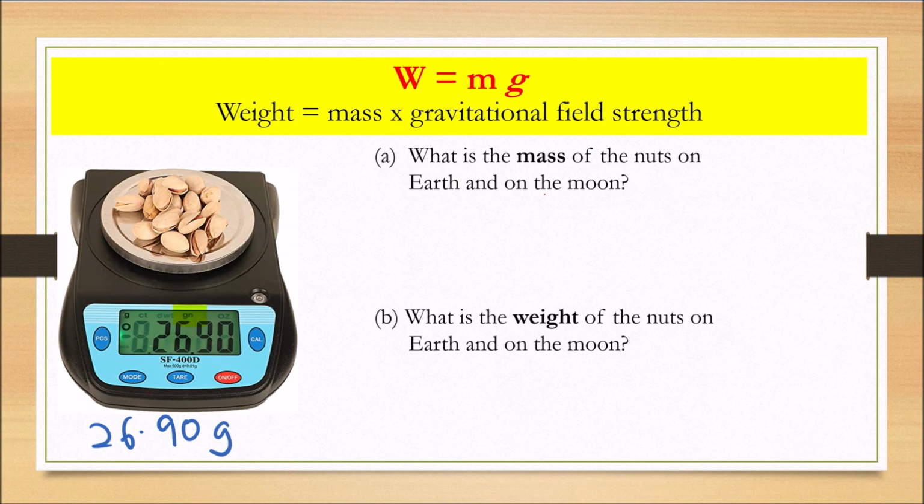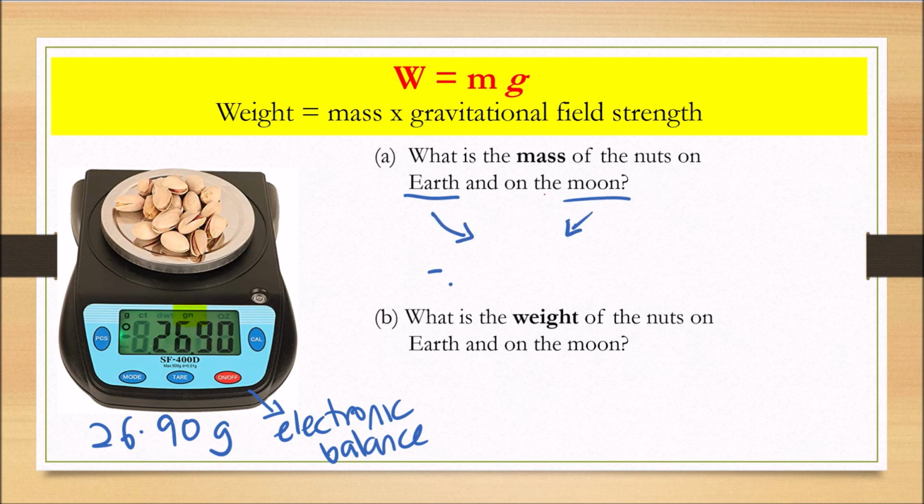Well, in the first place, this is an electronic balance, and an electronic balance measures mass. So the mass is 26.9. Mass will not change whether you're on the Moon or on the Earth. The answer is the same, 26.90 grams. You can convert it to kilograms if you want, although they didn't say you must give it in SI units.